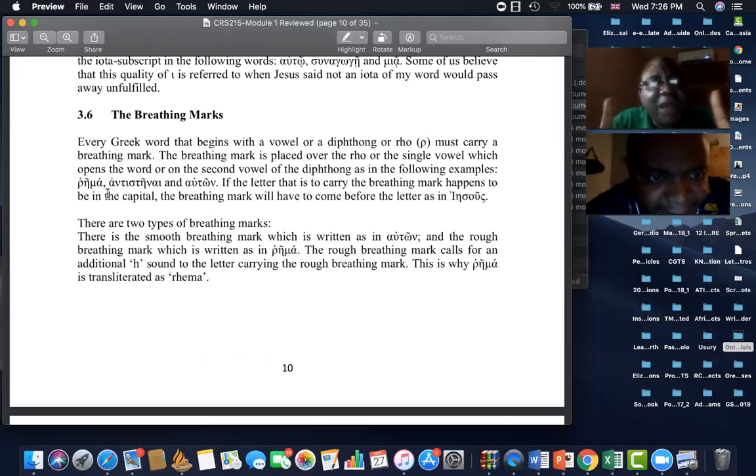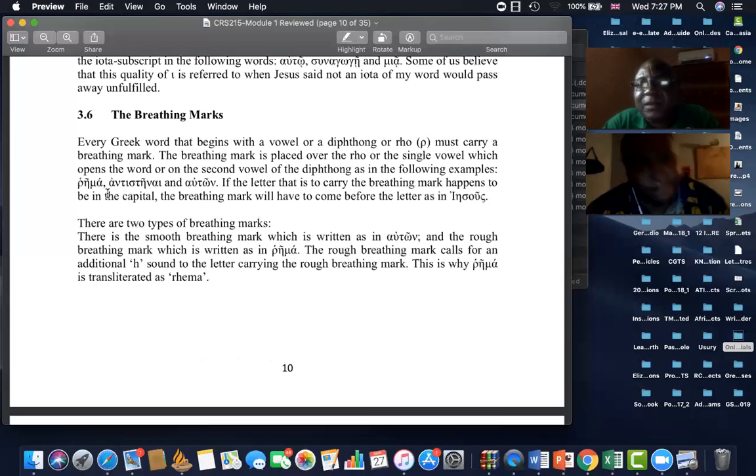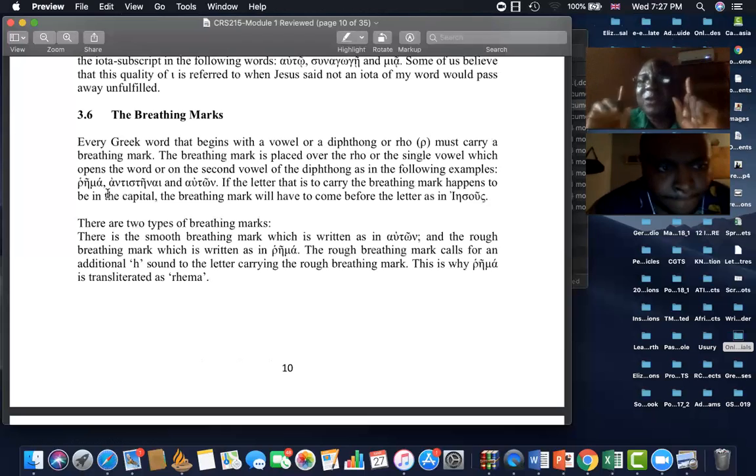There are two types of breathing marks. The one on top of rho looks like an inverted comma open, and the one on top of alpha looks like an inverted comma close. Those are the two types of breathing marks.